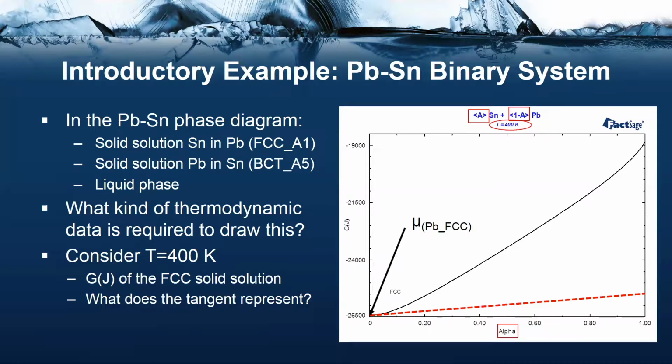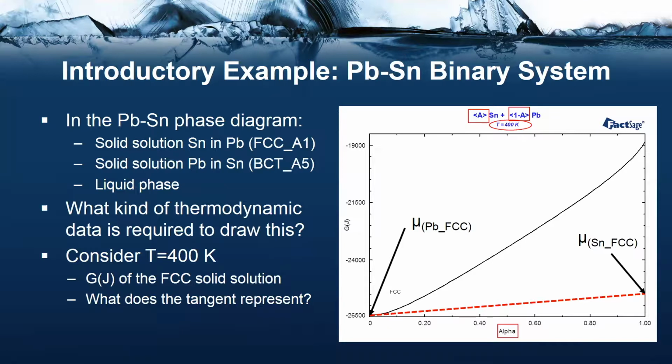That is the chemical potential of lead in the FCC solid solution at the composition where the tangent was drawn. Similarly, at alpha equals 1, the intersection with the y-axis represents the chemical potential of tin in the FCC solid solution at the composition where the tangent was drawn, that is here.